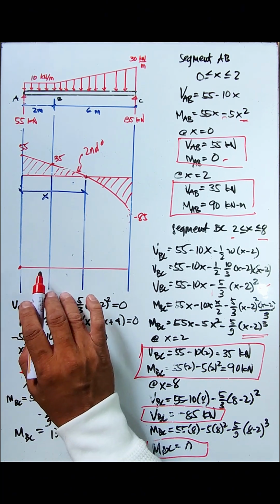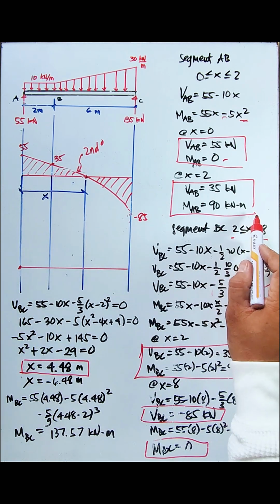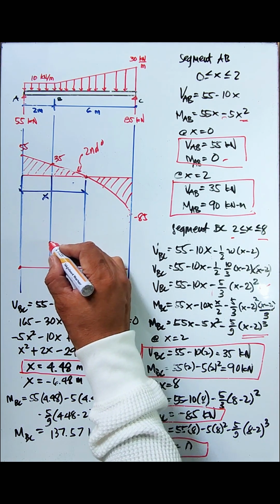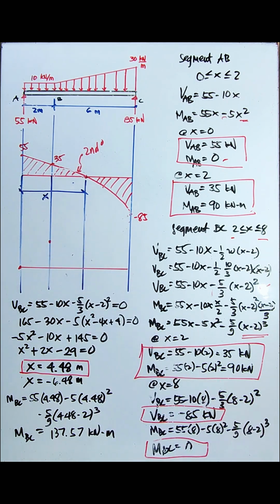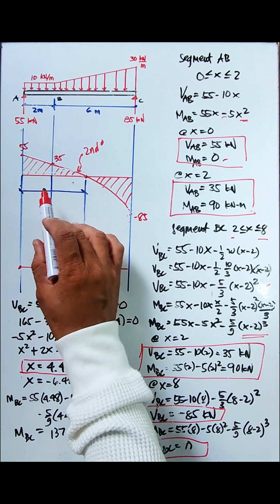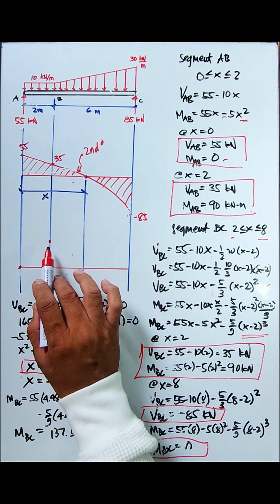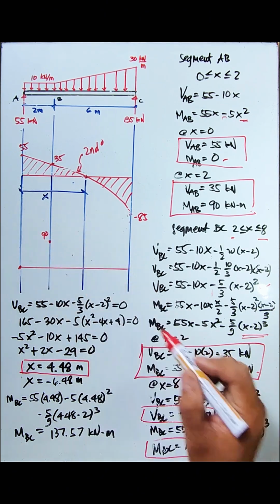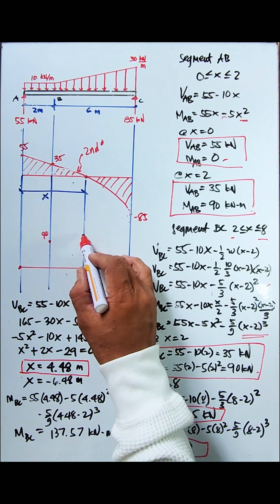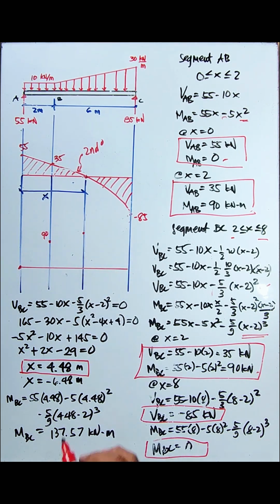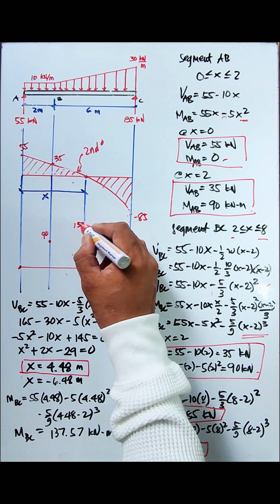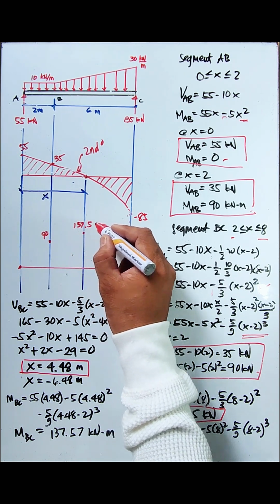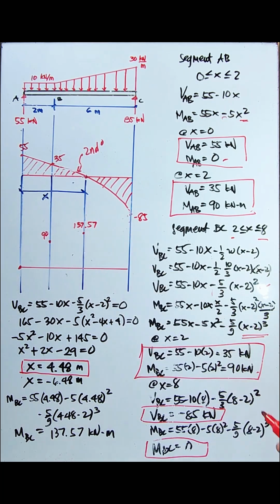Then moment AB at x equals 2 is 90. Then moment BC at x equals 2 is also 90. Then at the point of zero shear, that's 137.57. Then at x equals 6, it's 0.